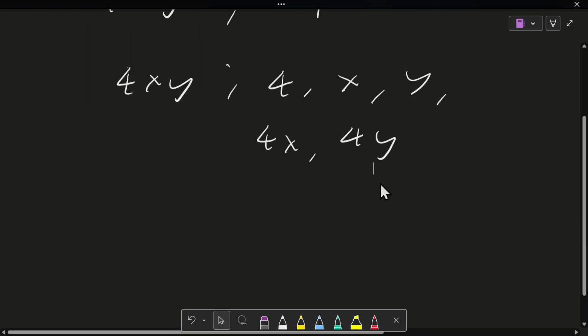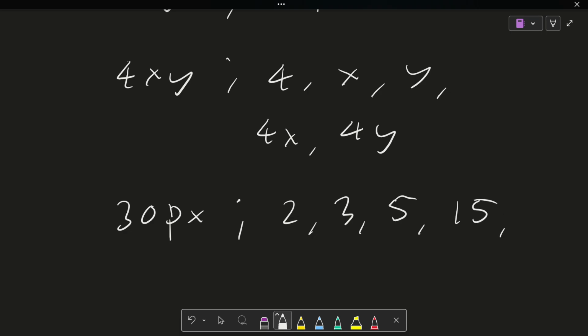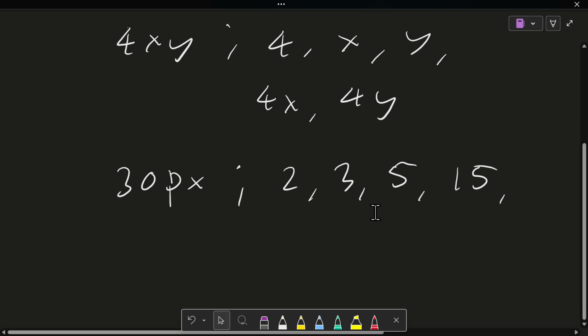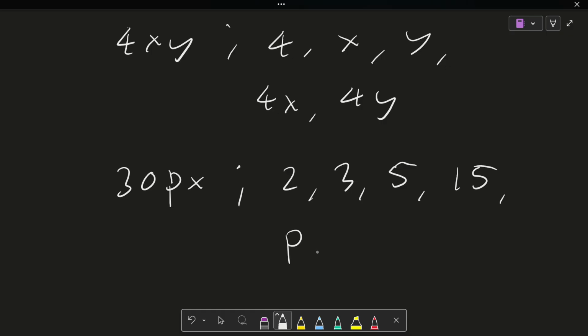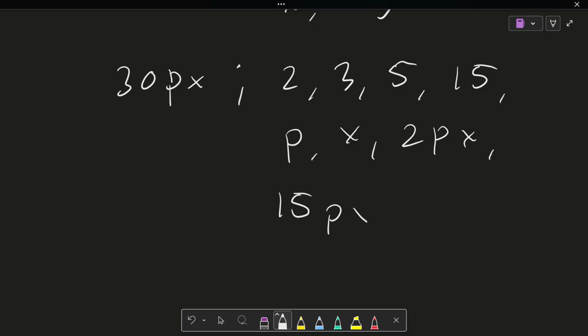Okay, and then 30px will be 2, 3, 5, 15, p, x and 2px. Some more will be 15px.